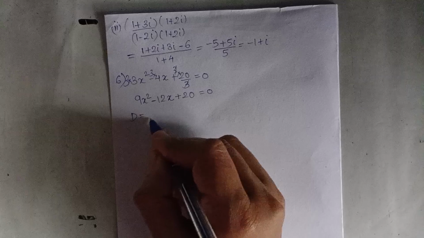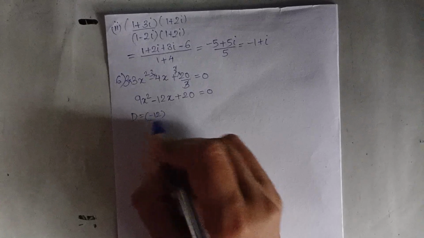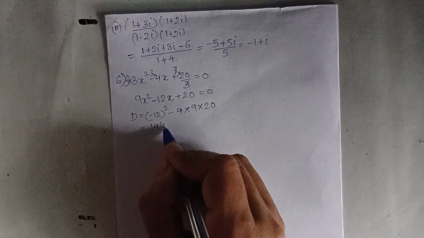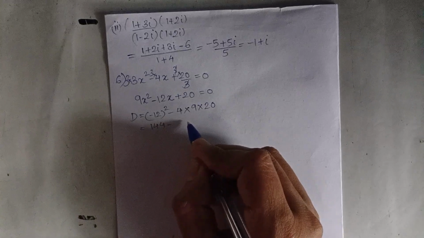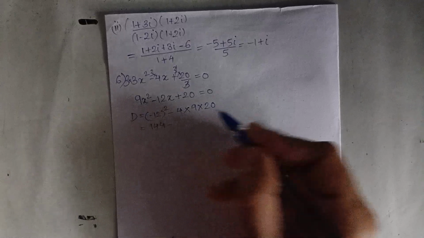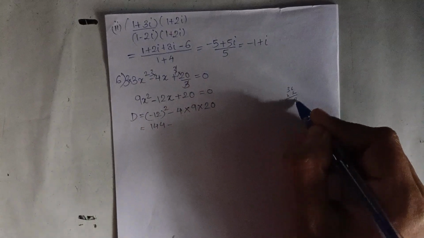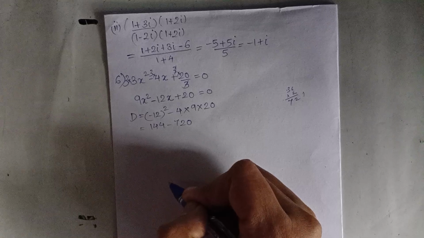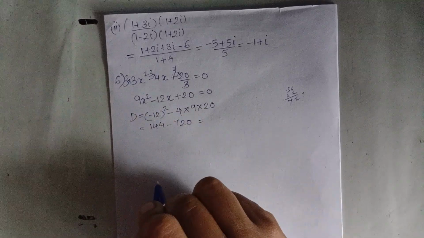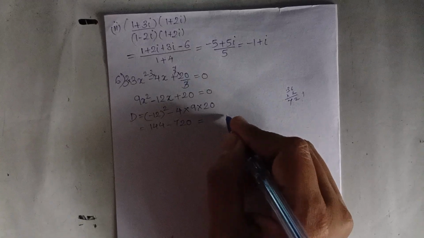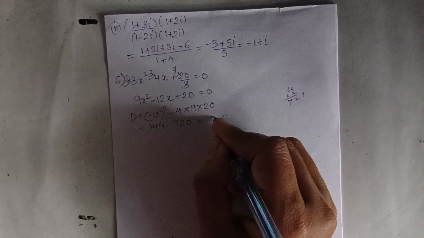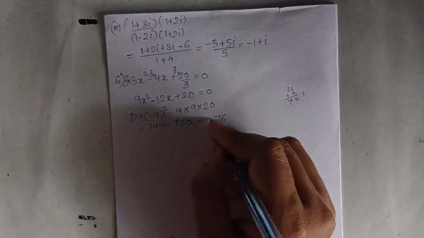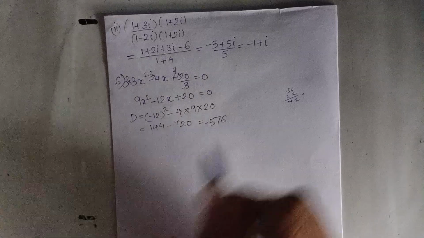First you have to find the discriminant, b square minus 4 into a into c, which is 144 minus 720, that is minus 576. This is less than 0, so complex roots.